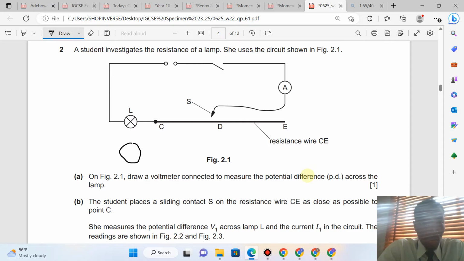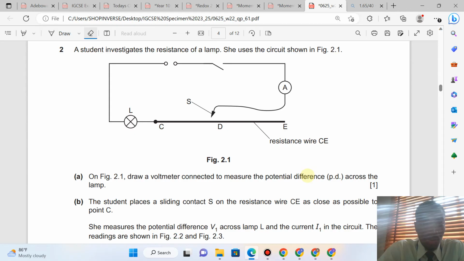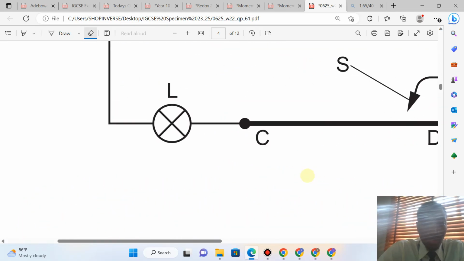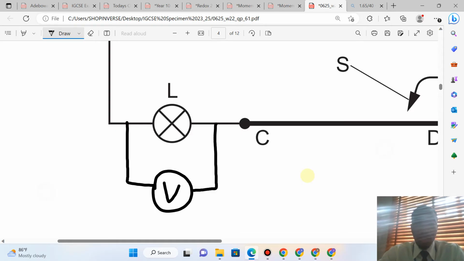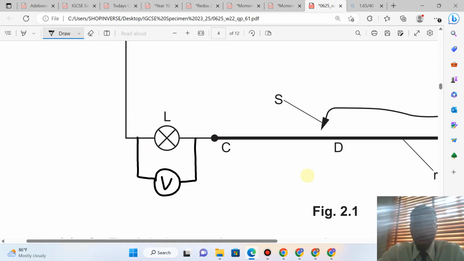Let me zoom in so I can draw it properly. I'll draw this circle. That's the symbol of the voltmeter, and I'll complete the circuit here. Good, and that's it. This is the voltmeter connected to measure the potential difference across the lamp.